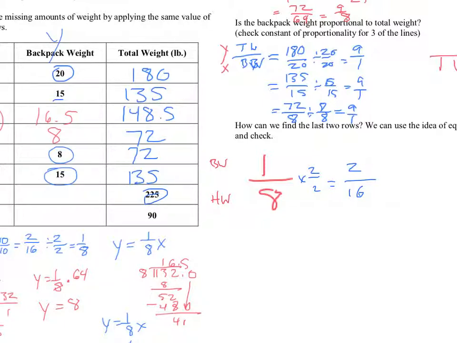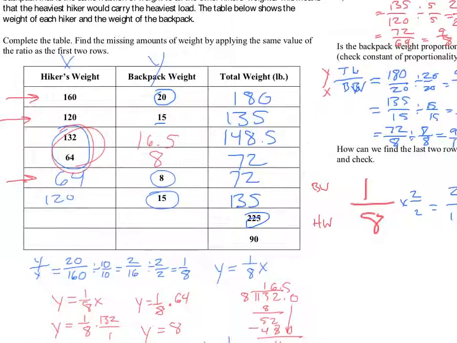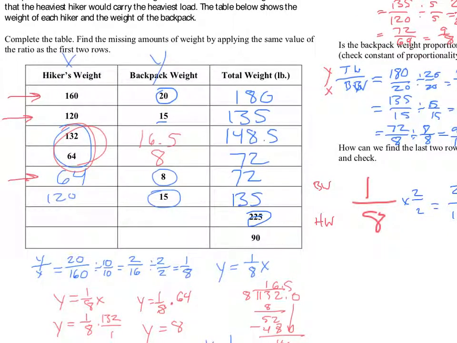I want something to be in the range of 225. Looking at what I have here, I can see that it's definitely going to have to be a backpack weight that is bigger than 20. And so maybe I'll try 25. I'm going to have 1 over 8, and I'm going to try 25 over 25.